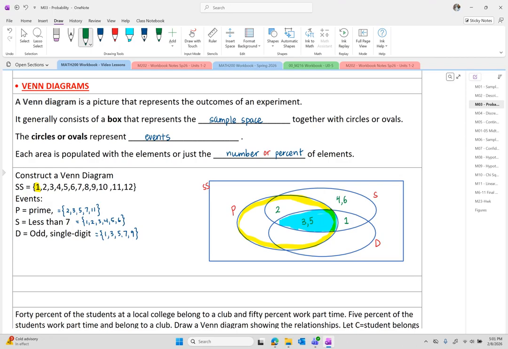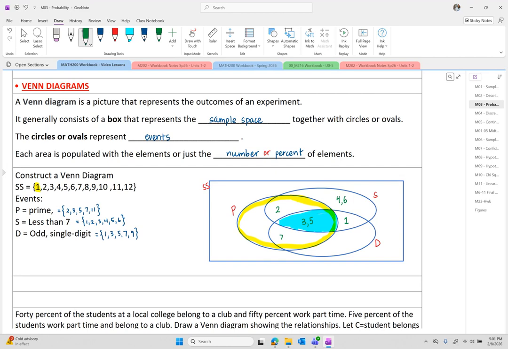The number 7 is a prime, and also an odd single digit, but it is not less than 7. So prime and odd single digit will go in the intersection of those two, but outside of the bubble S. The next number is 8, which is not a prime, not less than 7, and not an odd single digit.